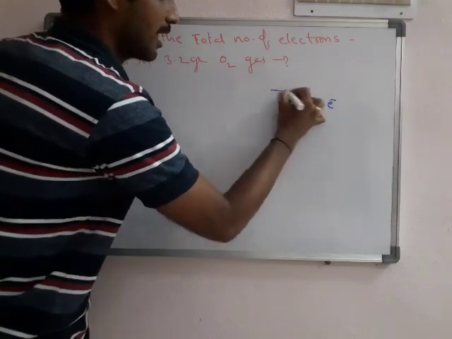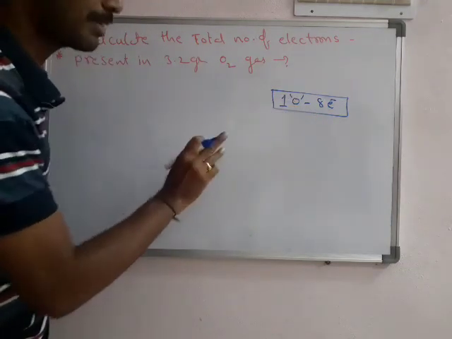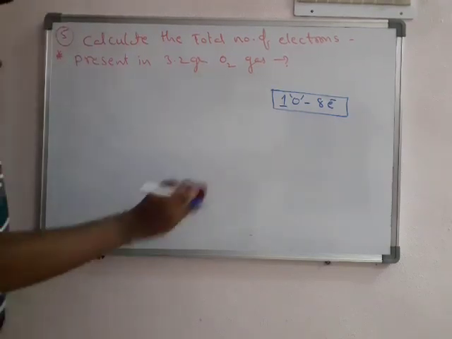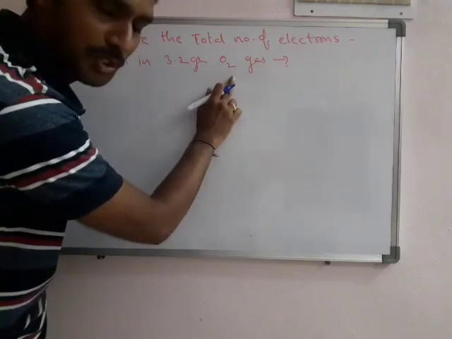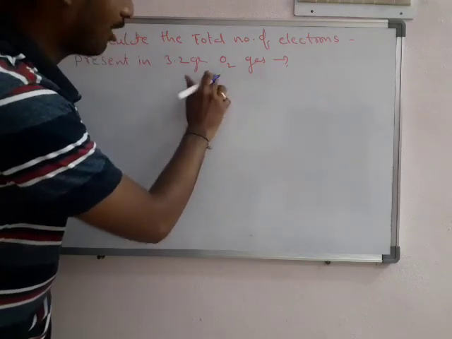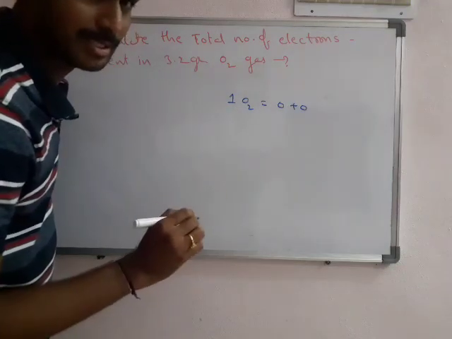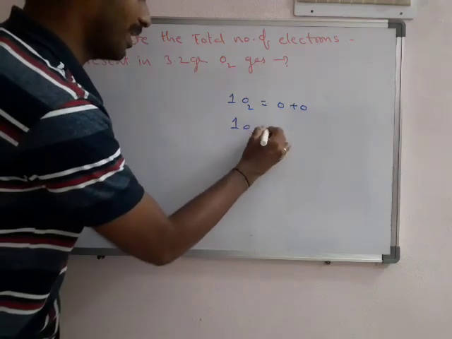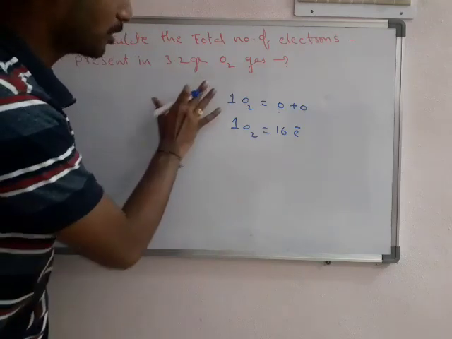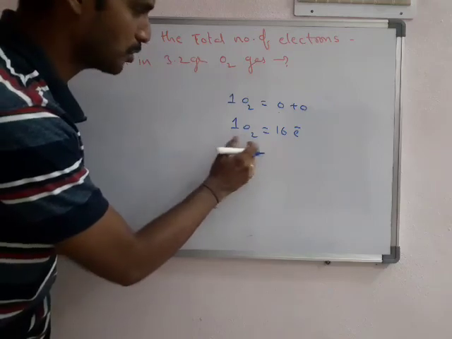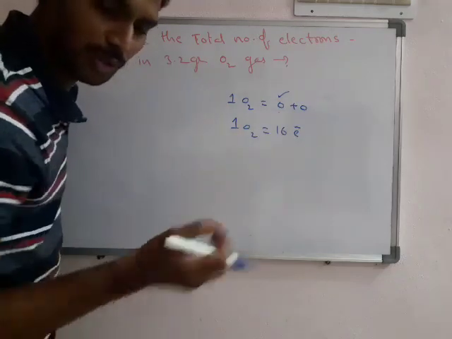So one oxygen atom has 8 electrons. Okay, let's find out how many oxygen atoms there are. Here it is given as gas, so O2 is given, which is a molecular form. So for one oxygen molecule, how many oxygen atoms are present? 2 oxygen atoms. So in one O2, how many electrons? 8 plus 8, 16 electrons. When we find the number of molecules, we multiply by 16, because 1 O2 has 16. If we calculate atoms, we multiply by 8, because 1 O has 8 electrons.